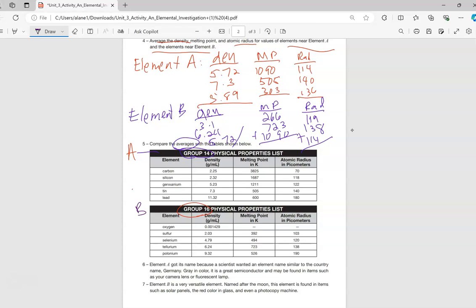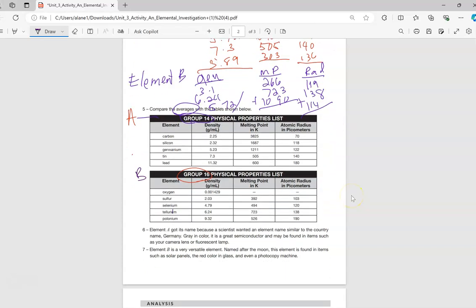Same thing for element B: you're going to take those averages and see which properties are closest to each one of these elements. So you're trying to figure out, is element A carbon, silicon, germanium, tin, or lead? You're trying to find out if element B is oxygen, sulfur, selenium, tellurium, or polonium.